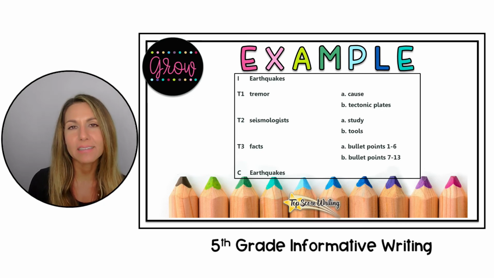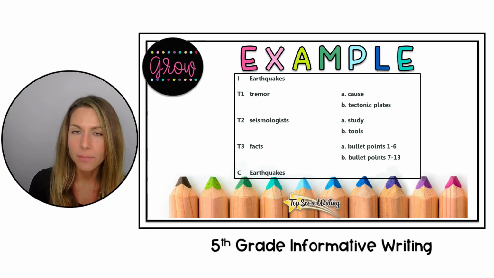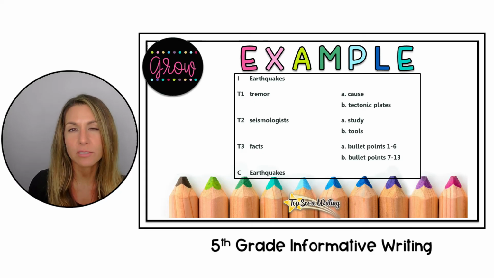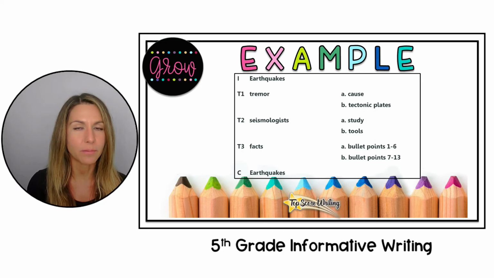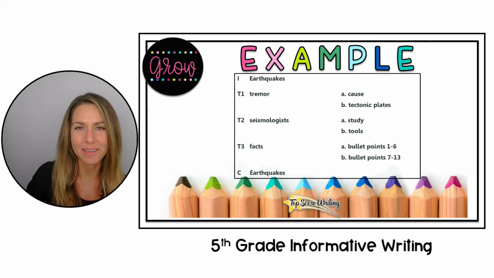So for my A subtopic, I'm going to talk about the first 6 bullet points on that chart. For my B subtopic, I'm going to talk about the next 6 bullet points, numbers 7 through 13 on the chart. Again, this is not the only way to plan. It's just one way you may have chosen to plan for this essay.